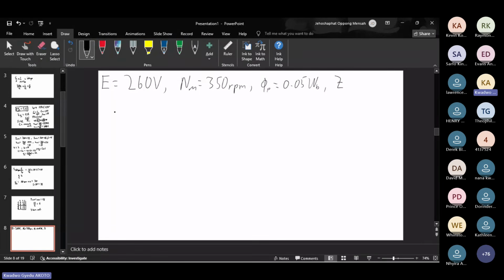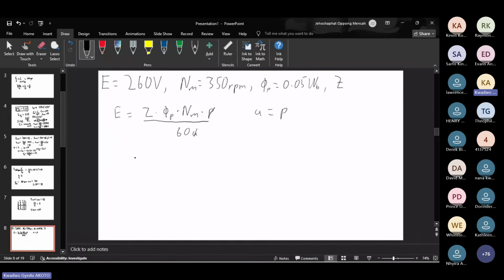And we know that E is equal to Z phi p NM P all over 60A. But since this is a simple lap winding, we know that A is equal to P, right? So this and this will cancel out. They won't have any effect.